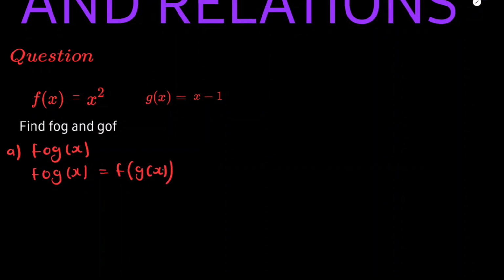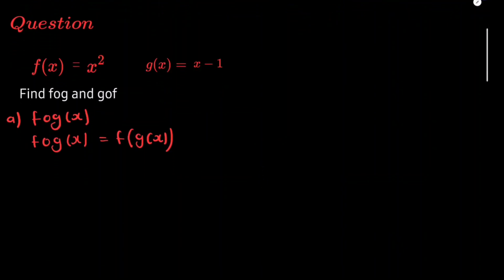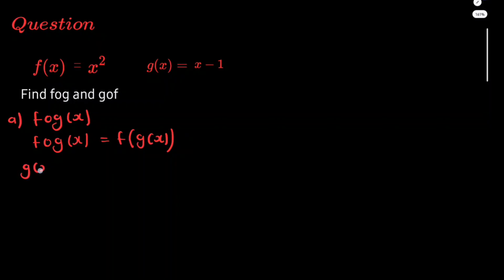So first we have g of x and then we substitute it in f of x. Our g of x is equal to x minus 1 as in the question, so we have f into x minus 1.